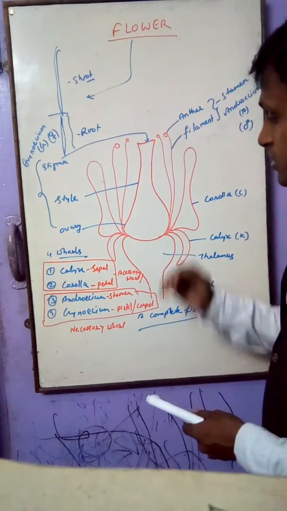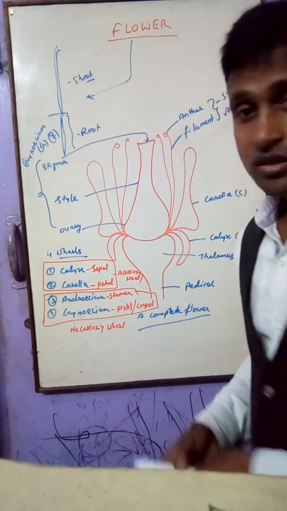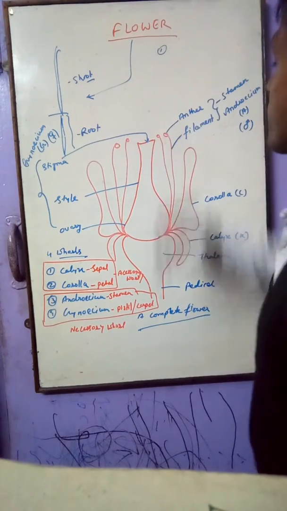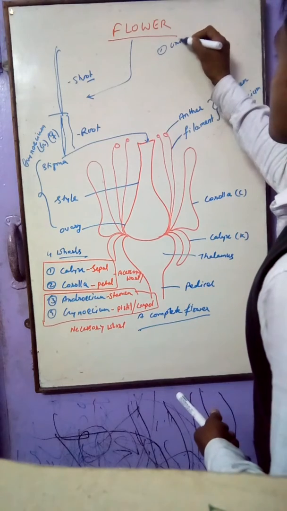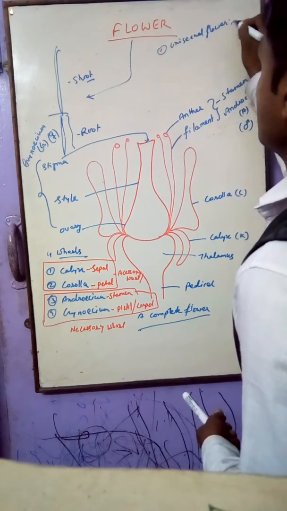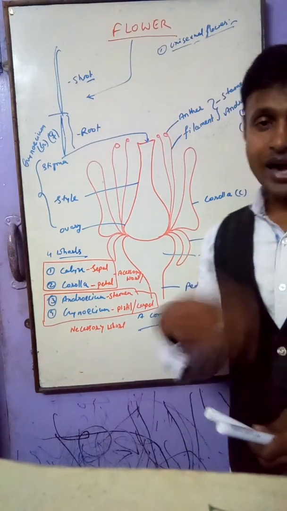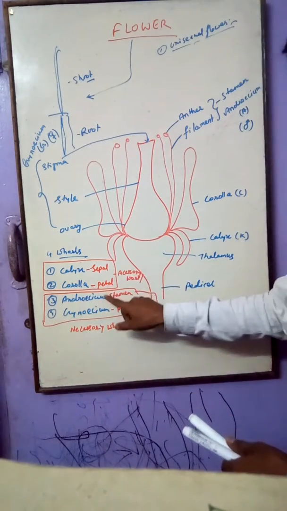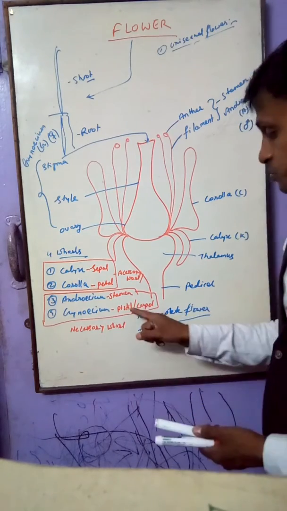So there are some technical terms related to the flower. What are the technical terms? Number one, a unisexual flower. It means a flower having only one sex, that is, either they have the male part, the stamen, or the pistil.